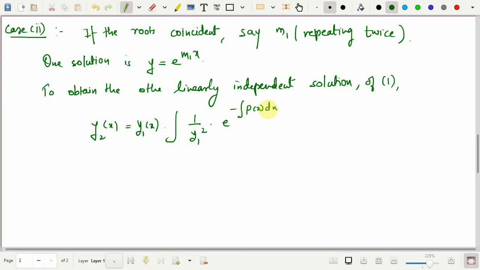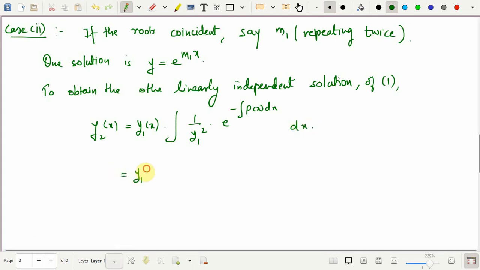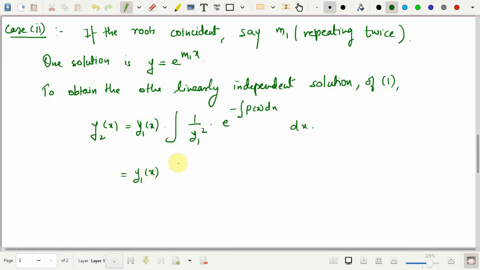In this case, p of x is equal to a, so not to forget that. So I'll put it over here, y1 of x. a is a constant, so in fact I can directly put the value of that integral.